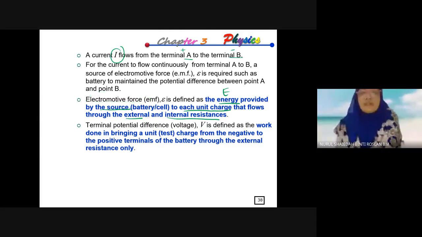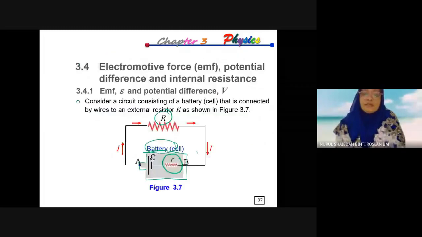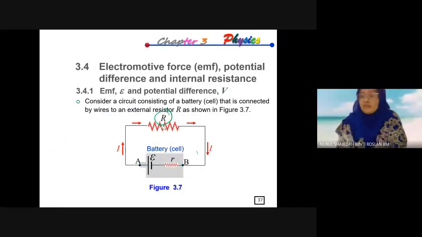What is potential difference? Potential difference is the work done in bringing a unit test charge from negative to positive of a battery through external resistance only. Okay, maksudnya ni bateri kan. EMF ni dia akan menyebabkan current boleh bergerak daripada external masuk internal, dua-dua.